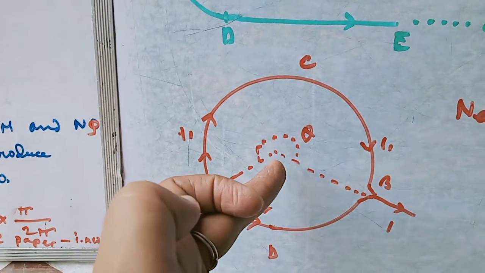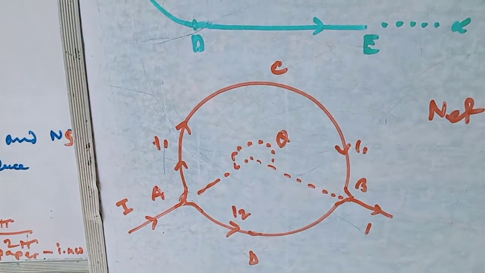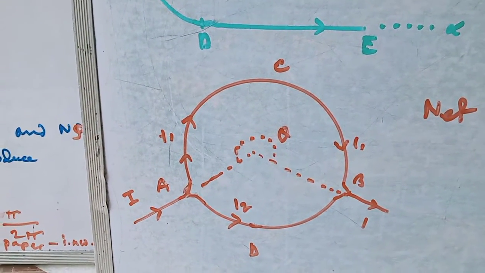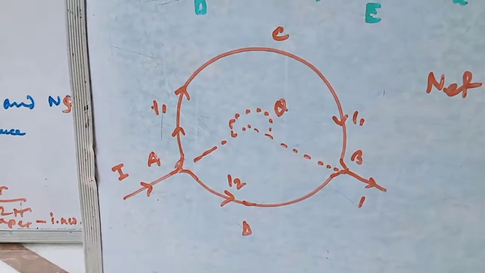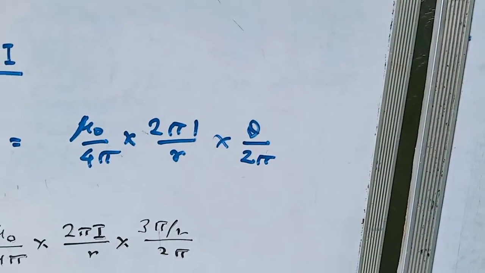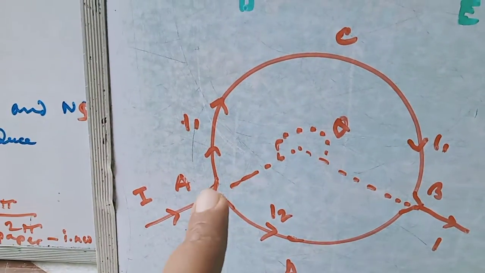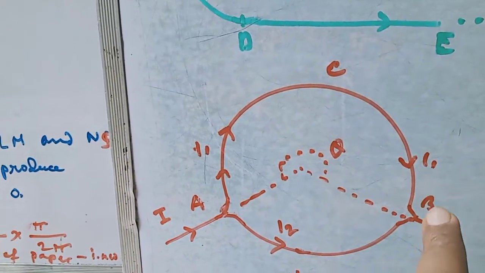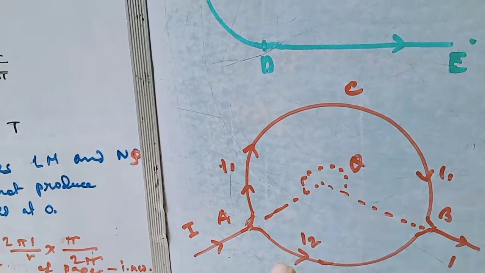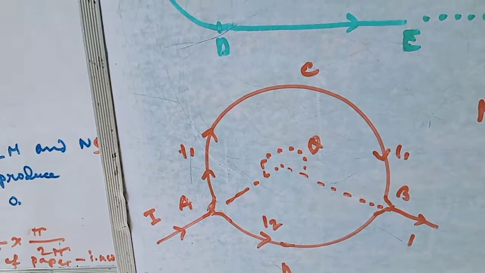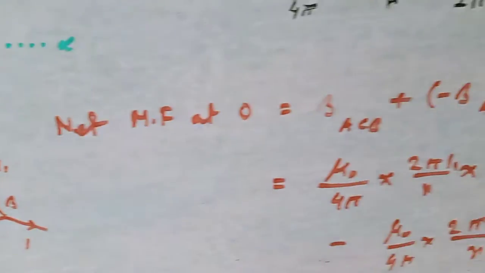So the magnetic field produced due to ACB is, again using the same formula, mu naught by 4 pi into 2 pi I1 by R into theta by 2 pi. This is I1. And for ADB, this will have a negative sign. You know the rule for calculating the direction of the magnetic field; it will give the negative sign.